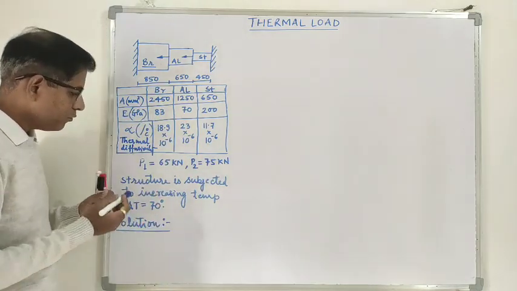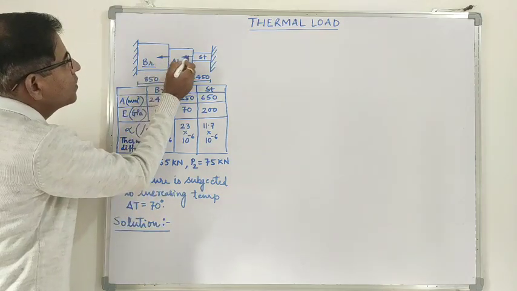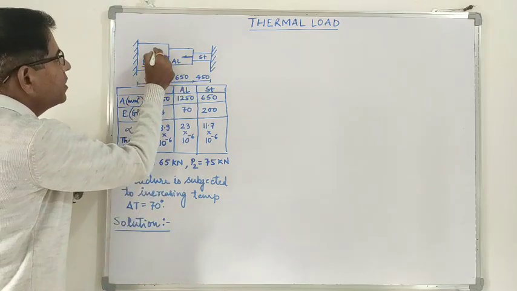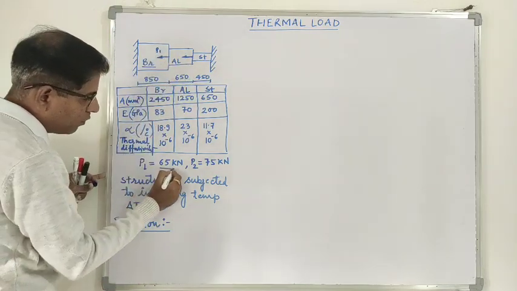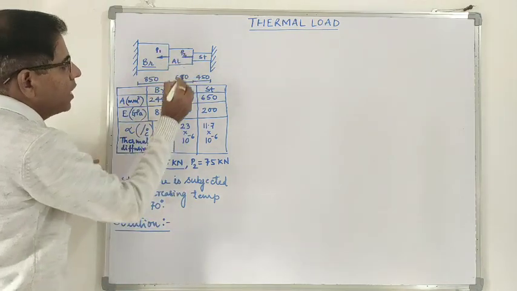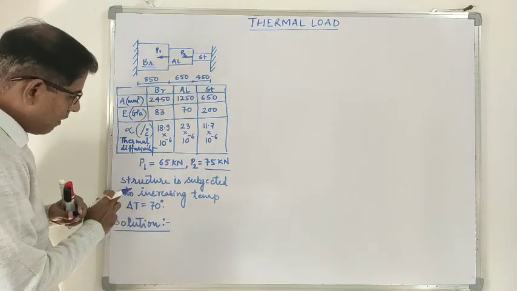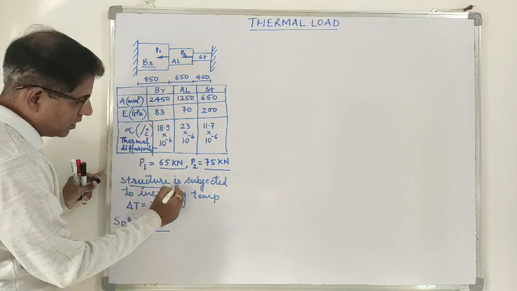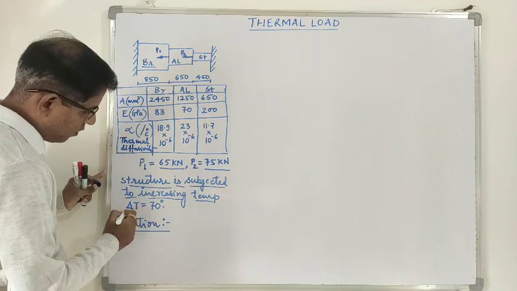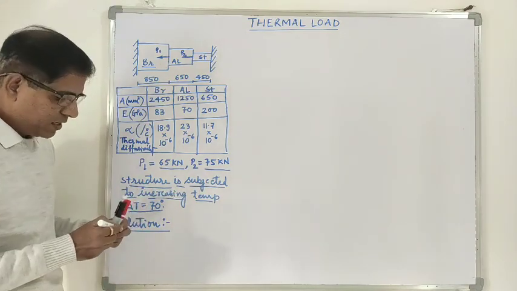Then there are two external point loads applied. The first is P1, with a magnitude of 65 kilonewton, and the second is P2, with a magnitude of 75 kilonewton. The structure is subjected to an increasing temperature of 70 degrees Celsius, delta T equal to 70 degrees Celsius.